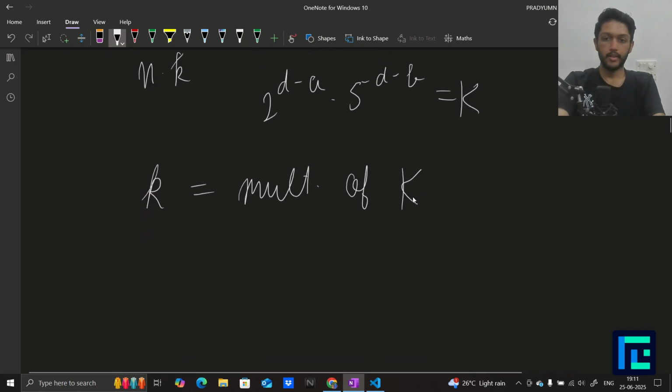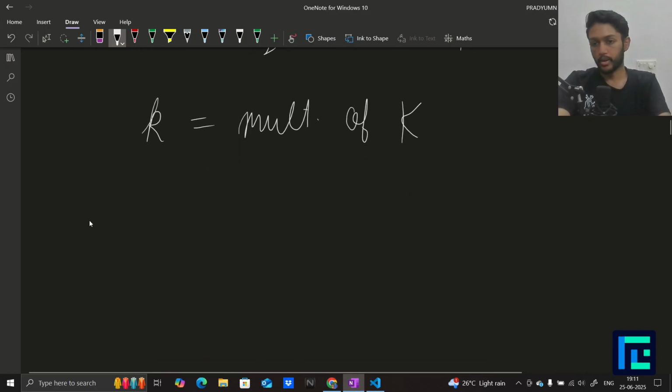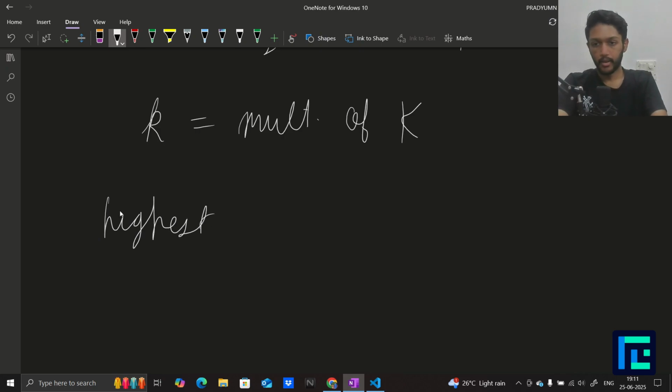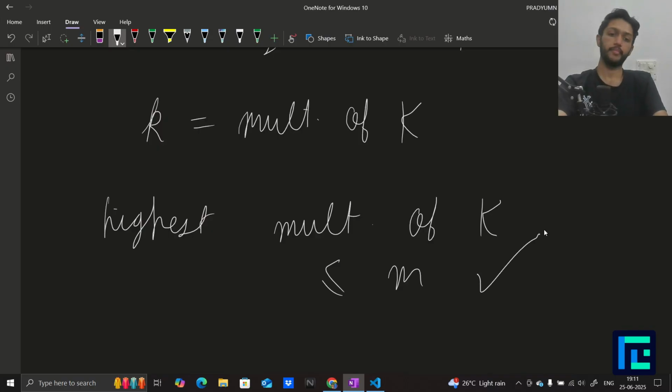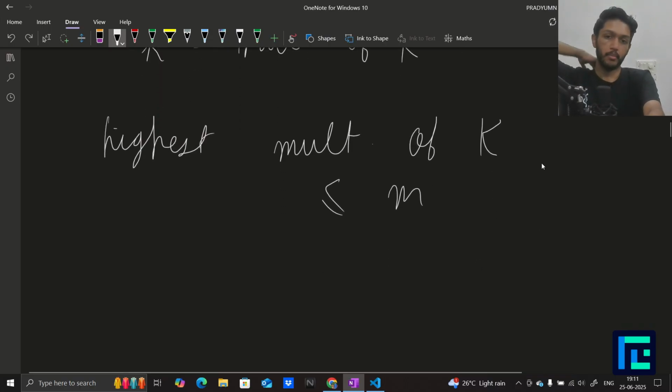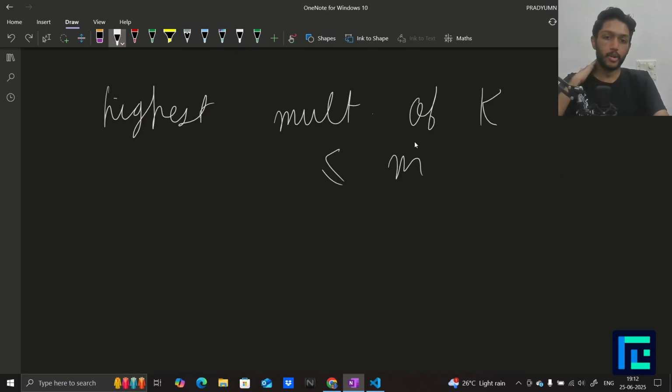So essentially we want to find the highest multiple of capital K which is less than or equal to m. But what if m is too small?